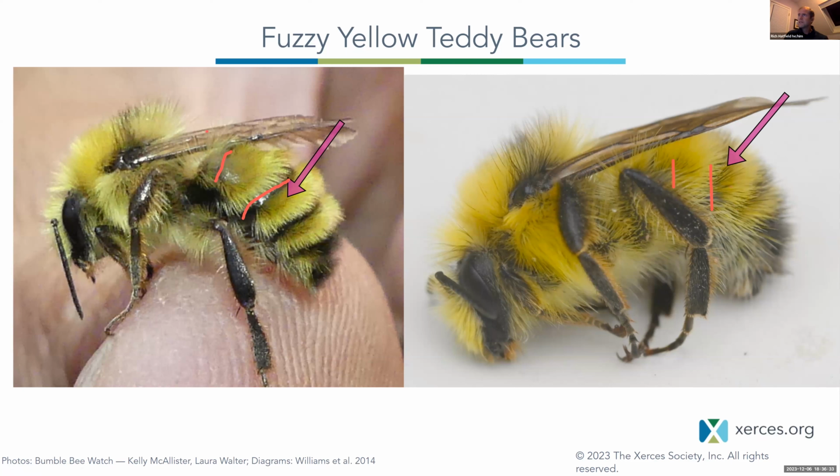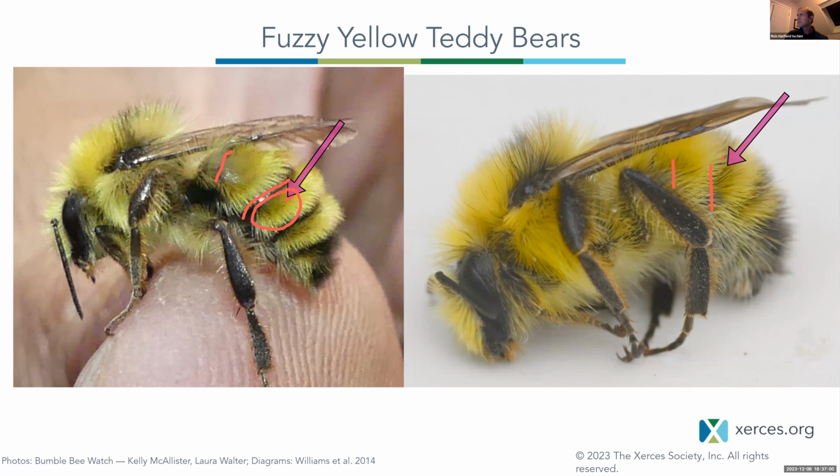It's a little hard to tell, but for the most part, the hairs in this region that I'm circling are all yellow. There are no black hairs in that region. It does look like there's an aberrantly colored hair right there, but I think we're seeing through the hair and actually seeing the integument of the bee, whereas those actual hairs are yellow.